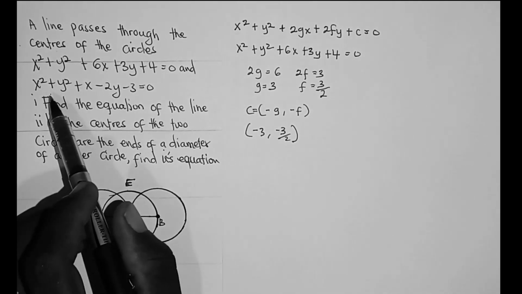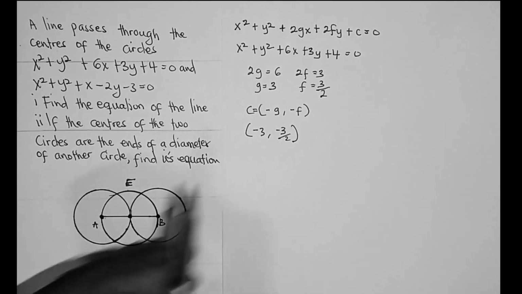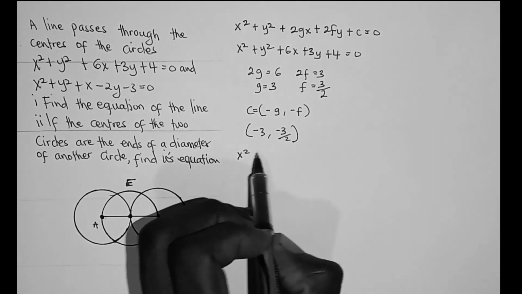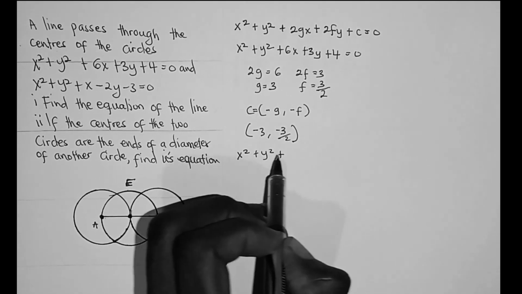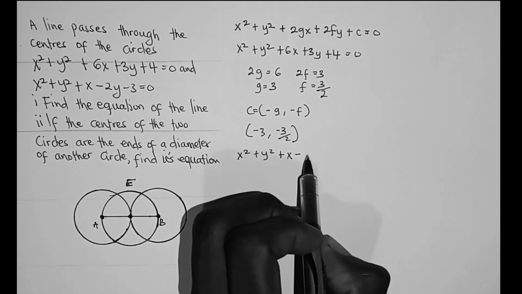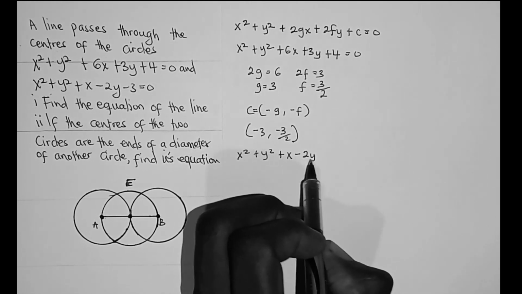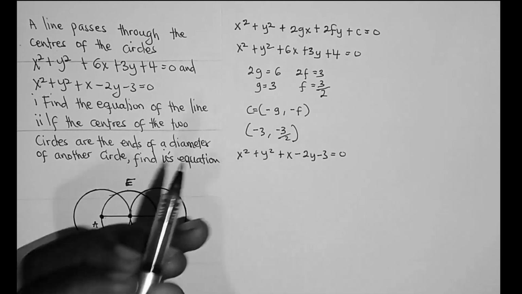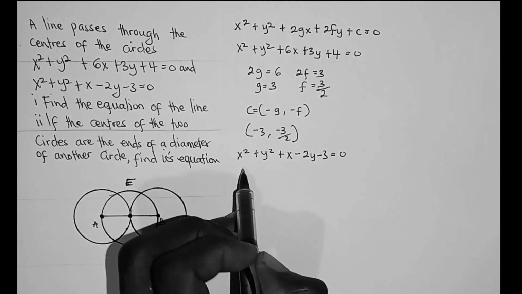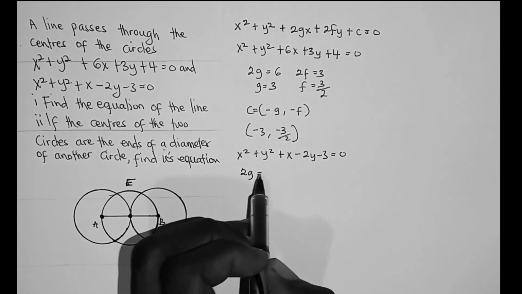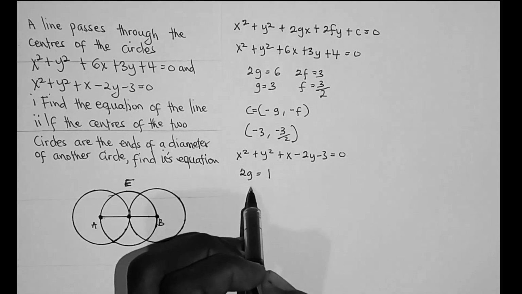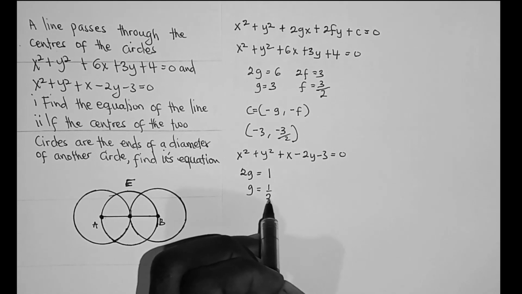Now let's write the equation of the second circle, which is x squared plus y squared plus x minus 2y minus 3 is equal to 0. So in this case, 2g is equal to 1, g is equal to 1 over 2.